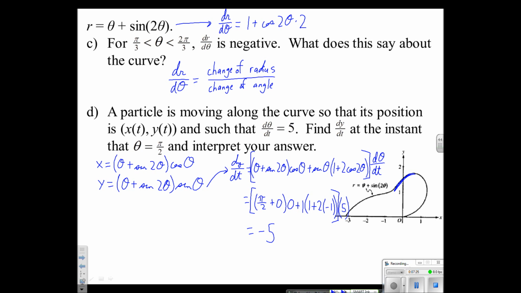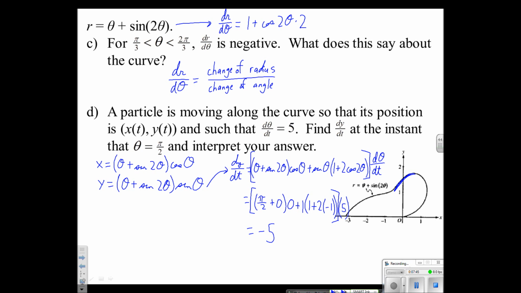Okay, and now the last thing says, interpret your answer. What does this represent? Well, this is dy over dt. As the particle is moving along the curve, this represents the rate at which the y coordinate is changing as time goes along.